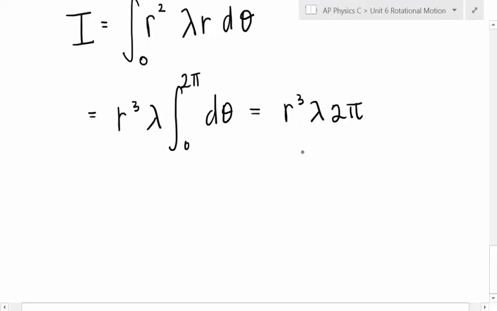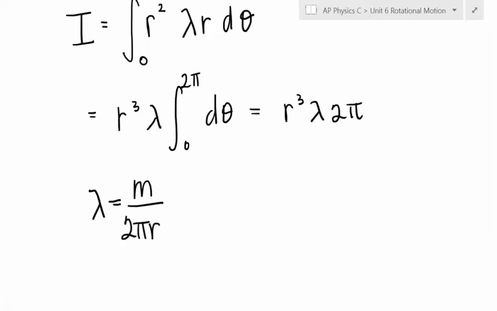Now, if lambda is a constant, meaning the linear mass density doesn't change, the hoop isn't heavier on one side just because it has a clump of mass over there, then that would be the mass of the hoop divided by the total length of the hoop, which is also known as the circumference, okay? So 2 pi r.